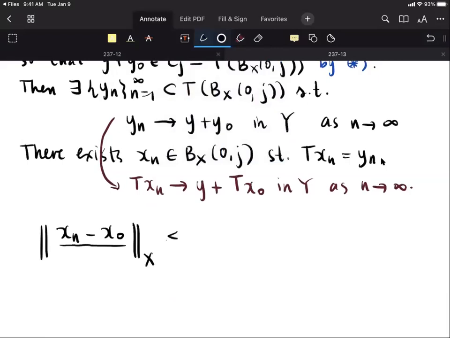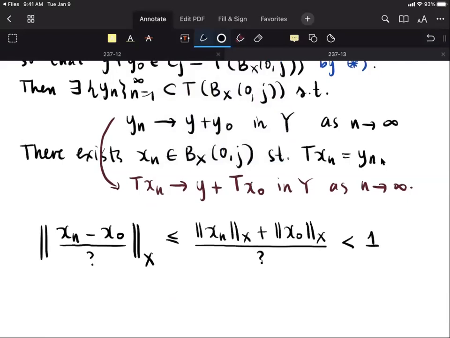If we apply the triangle inequality, divided by whatever the denominator. The goal here is I want this to be less than 1. So what would be the denominator? Of course, we cannot do anything here.